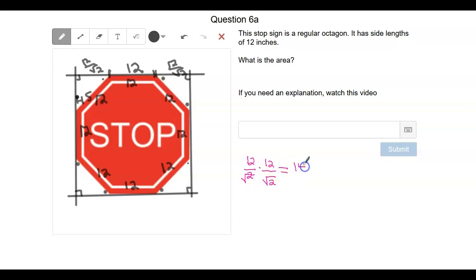So that's 144 over 2, which is 72. But then I have to divide that by 2 as well, because this is just base times height. To find the area of the triangle, we have to divide by 2, so that is 36. So each one of these little triangles has an area of 36.